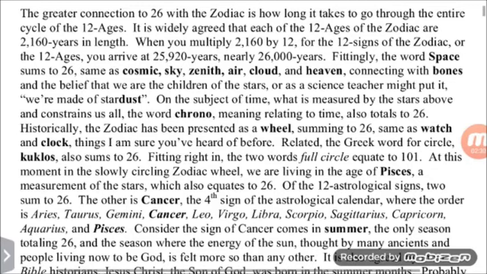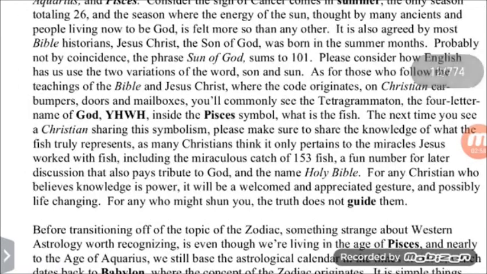Consider the sign of Cancer comes in summer, the only season totaling to 26, and the season where the energy of the sun, thought by many ancients and people living now to be God, is felt more so than any other. It is also agreed by most Bible historians Jesus Christ, the Son of God, was born in the summer months.